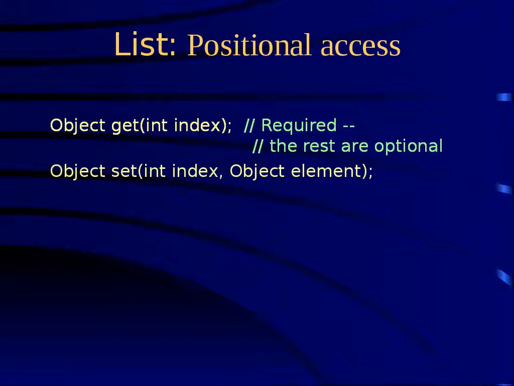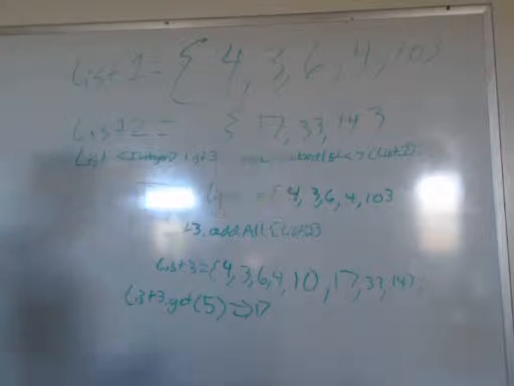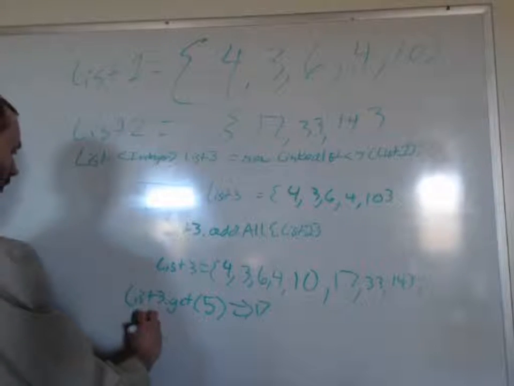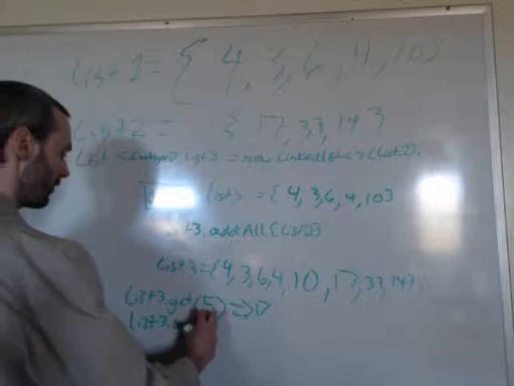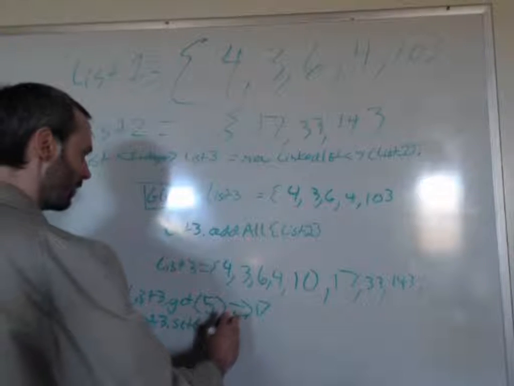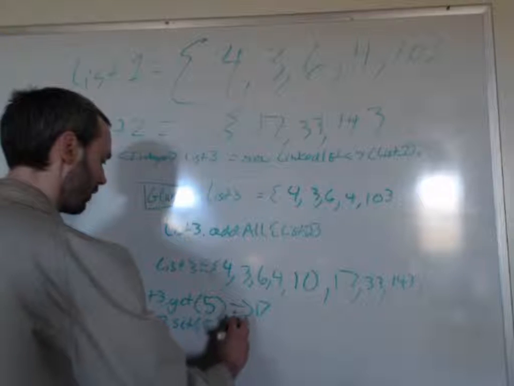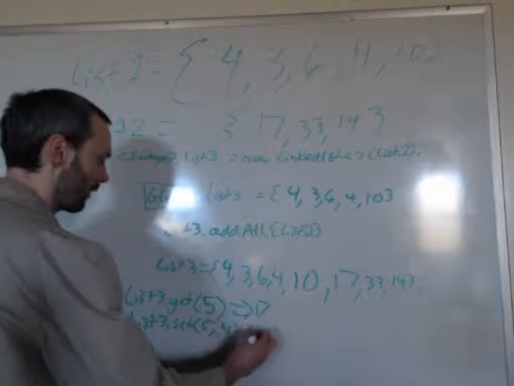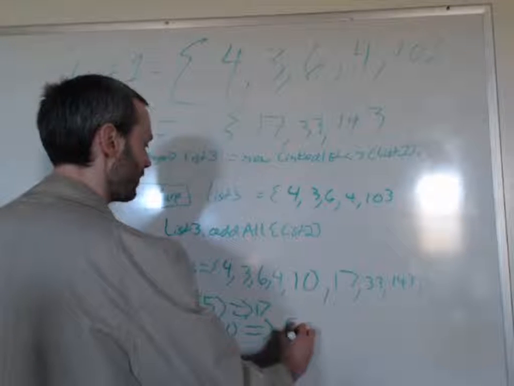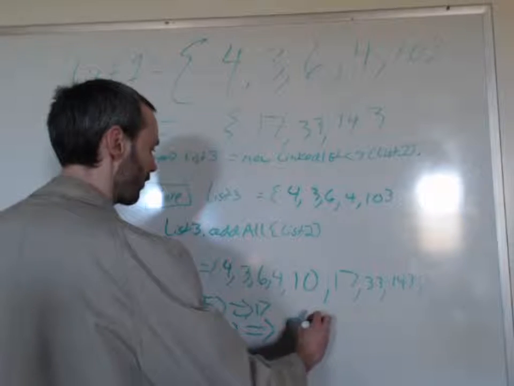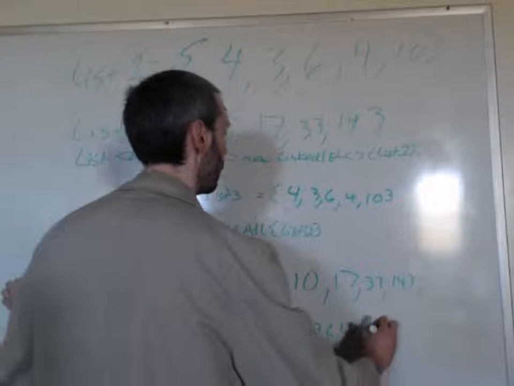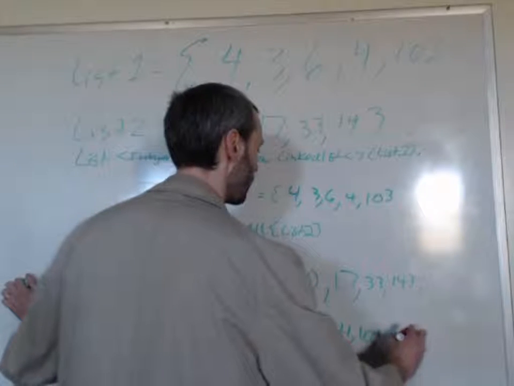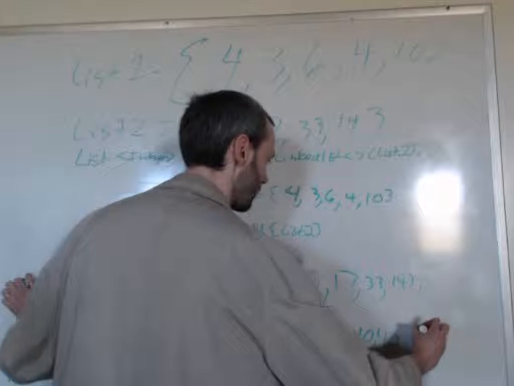You can also set it. So list3.set at position 5, comma the value 4 implies that list 3 is now what? 4, 3, 6, 4, 10, 4, 33, 14.